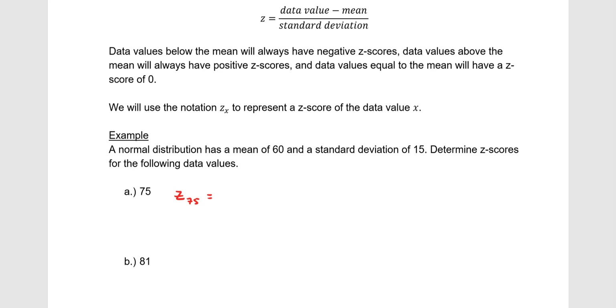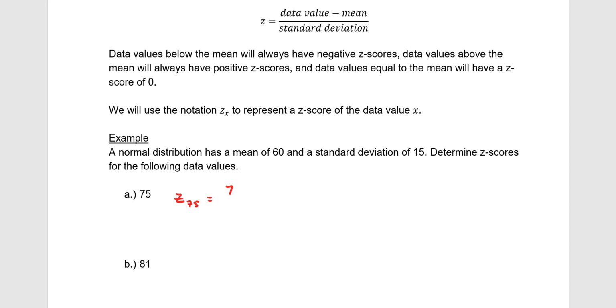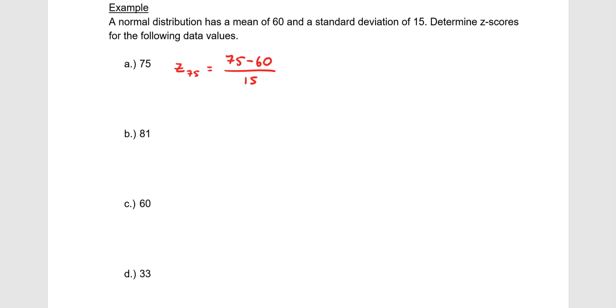Taking a look at the formula, it's the value of 75 minus the mean, which is 60, divided by the standard deviation, which is 15. So let's go ahead and calculate this. If you're plugging it in the calculator all at once, just make sure that there's parentheses around the numerator. Either way, we should get 15 divided by 15, which gives us a z-score of 1.